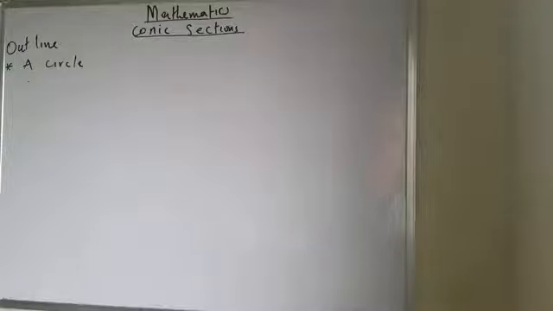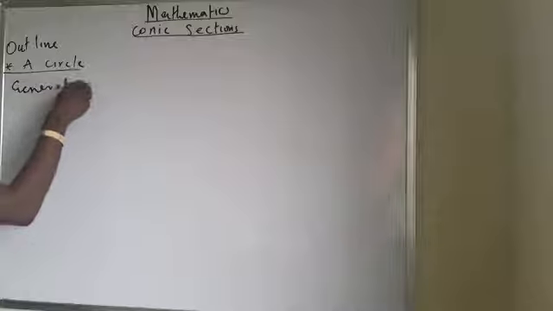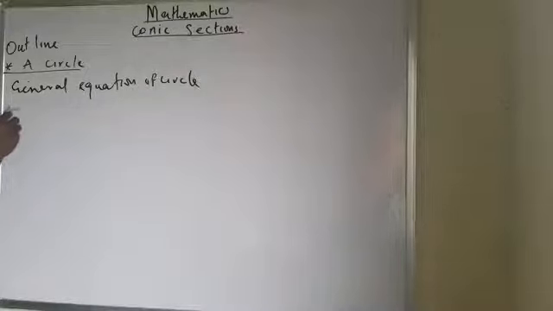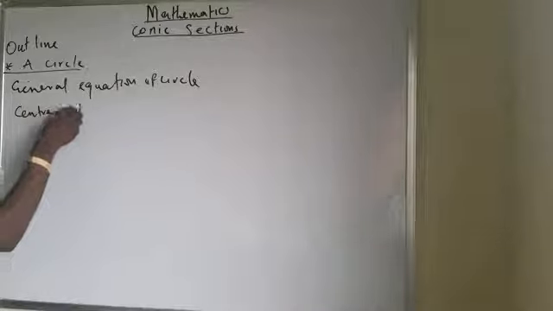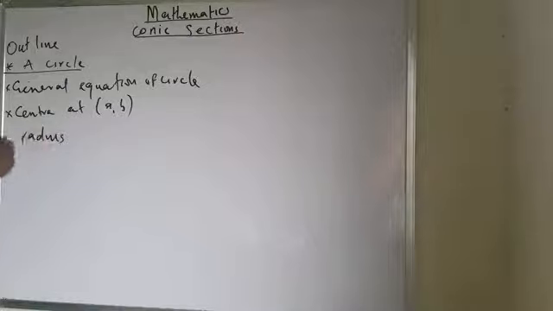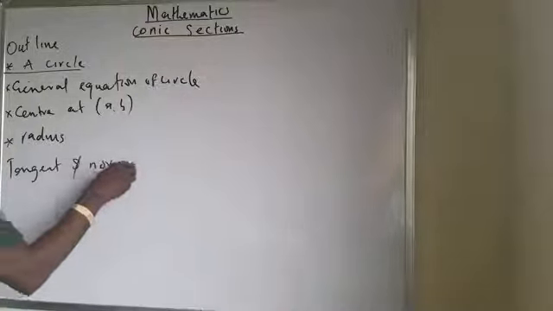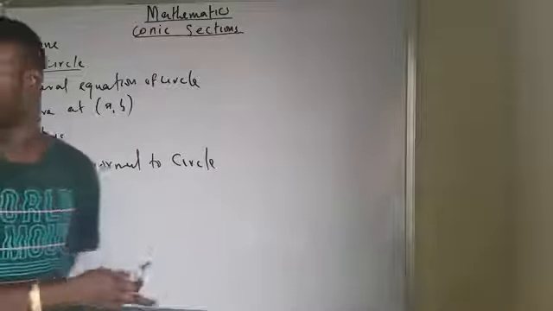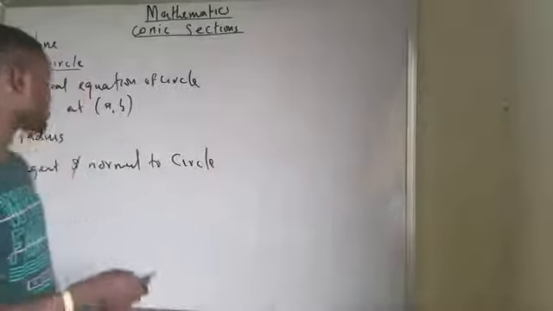We all know from our coordinate geometry and circle theorems that we'll be talking about the general equation of a circle, the equation with center at (a, b), and also the radius of it. I'll also be working on the tangent and normal to the circle: the equation of the tangent, the equation of the normal, and also the length of the tangent and the length of the normal. That is what I'll be working on, because this is the circle on its own.